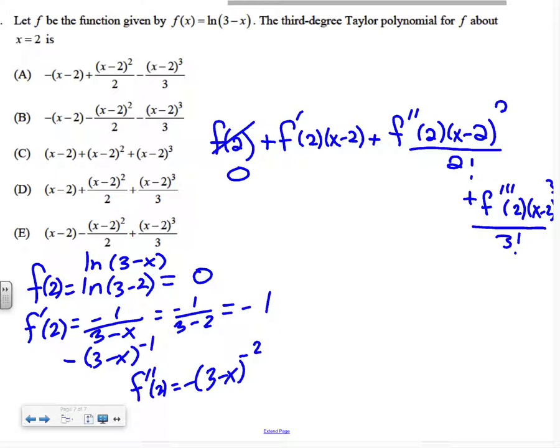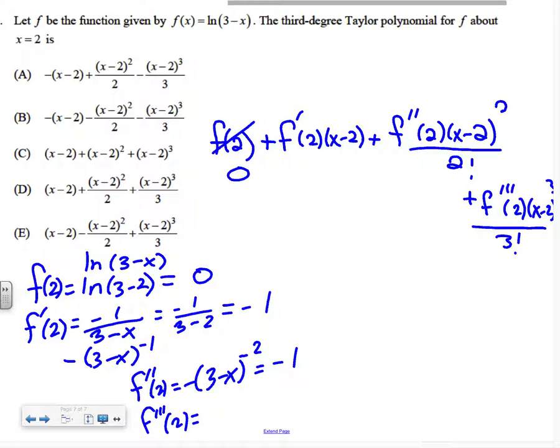Negative times negative is positive, then I have to use the chain rule. The inside is negative again, so there are 3 negatives. It looks like it's always going to be negative. Plug in 2 and we get negative 1 again.